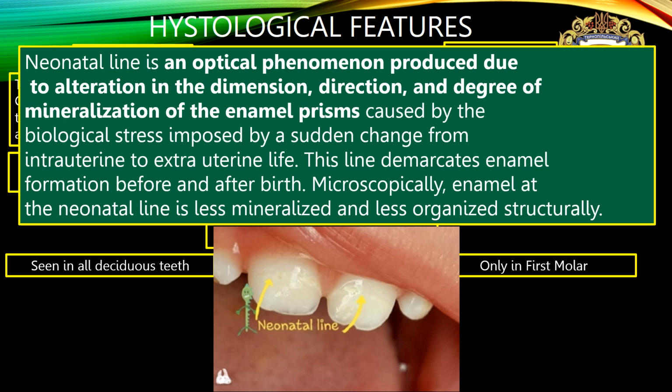Neonatal line is an optical phenomenon produced due to alteration in the dimension, direction, and degree of mineralization of the enamel prisms caused by the biological stress imposed by a sudden change from intrauterine to extrauterine life. This line demarcates enamel formation before and after birth. Microscopically, enamel at the neonatal line is less mineralized and less organized structurally.